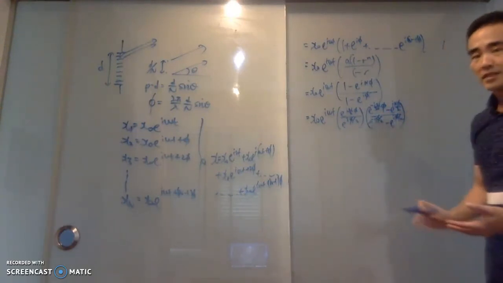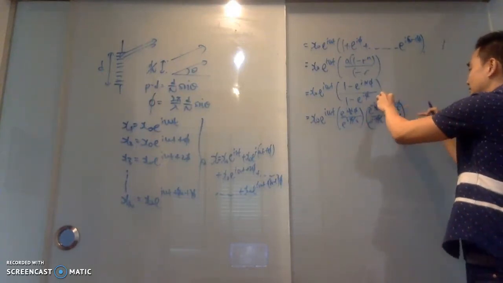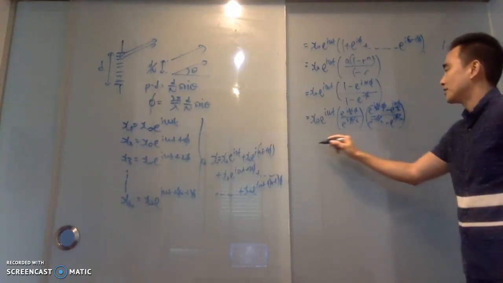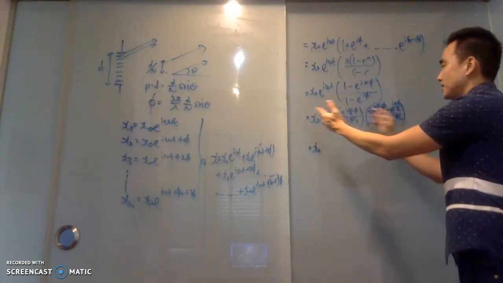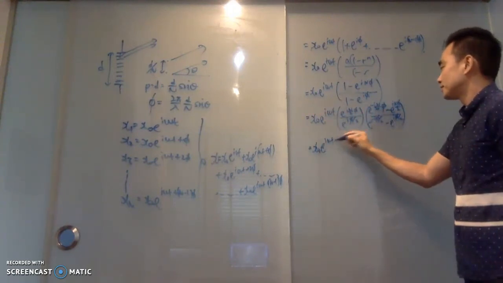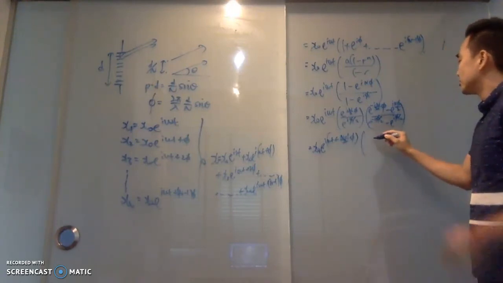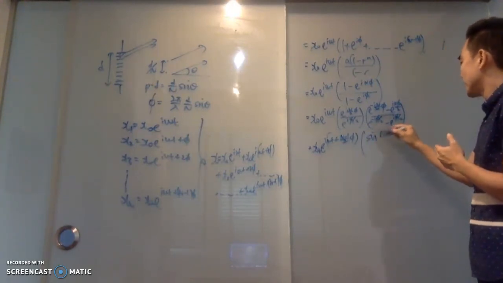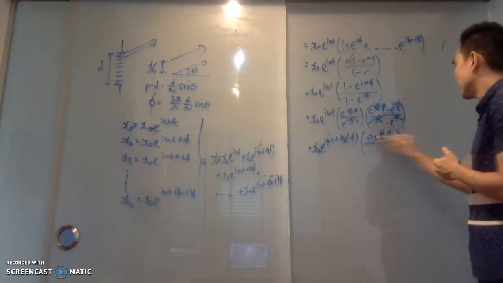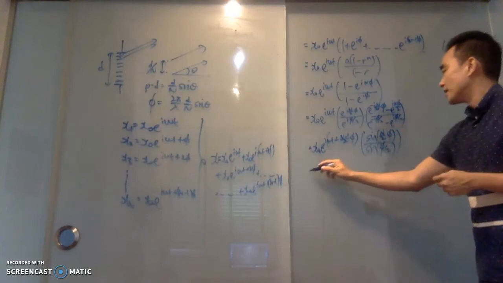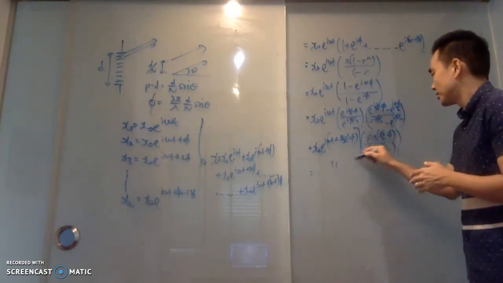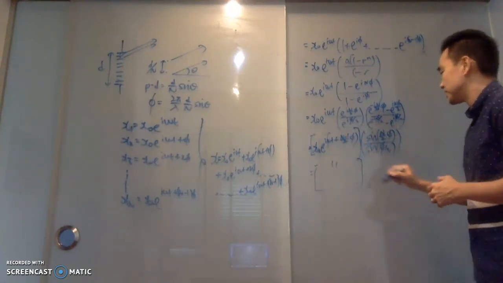If you remember your complex numbers, this is actually the sine of the number over here, the sine of the number over here. And I will combine this whole thing into sine(nφ/2) divided by sine(φ/2).